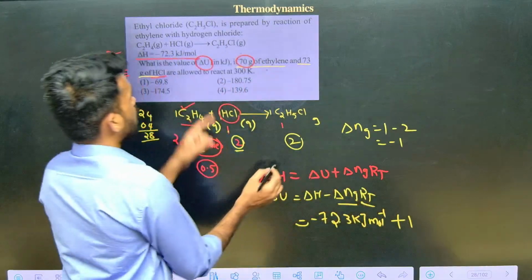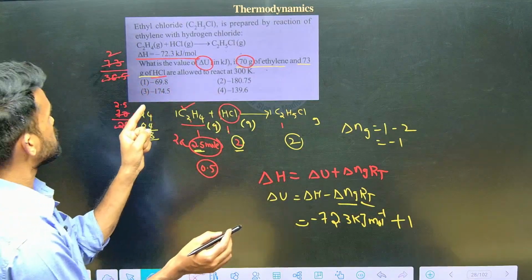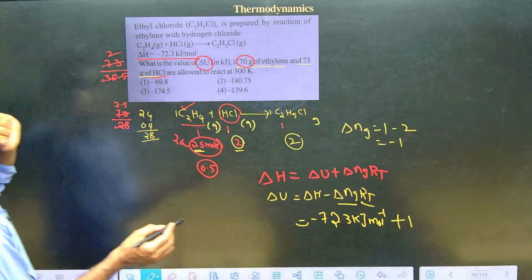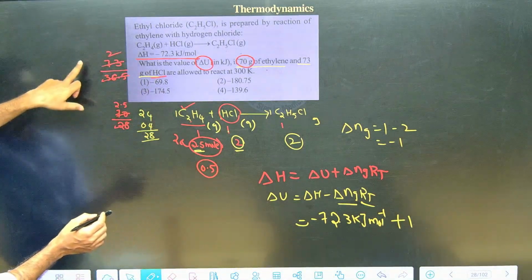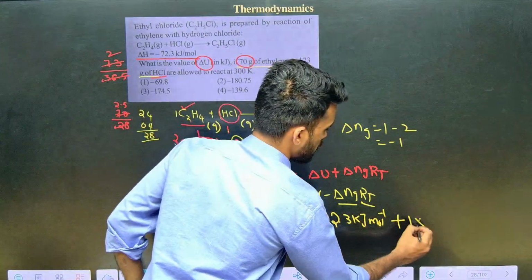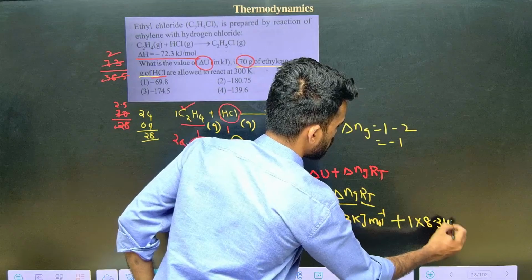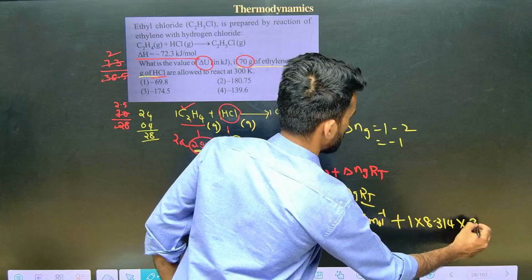RT is how much? R, in terms of joules, is what they are asking. And temperature is 300 Kelvin. So R is 8.314 times temperature 300 Kelvin.